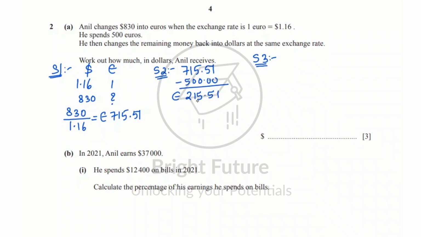So 215.51 will be how many dollars? 215.51 into 1.16 gives us $249.99. So it becomes $250.